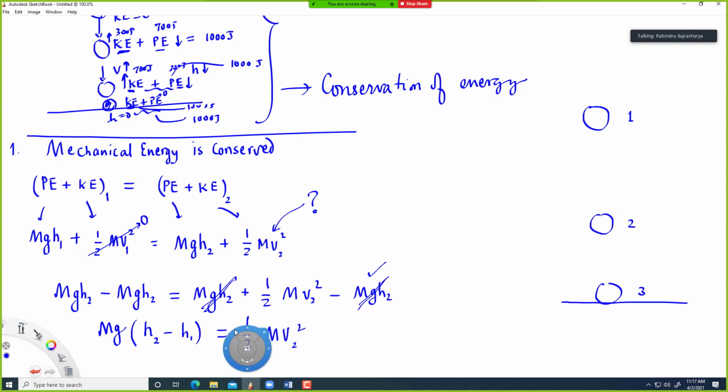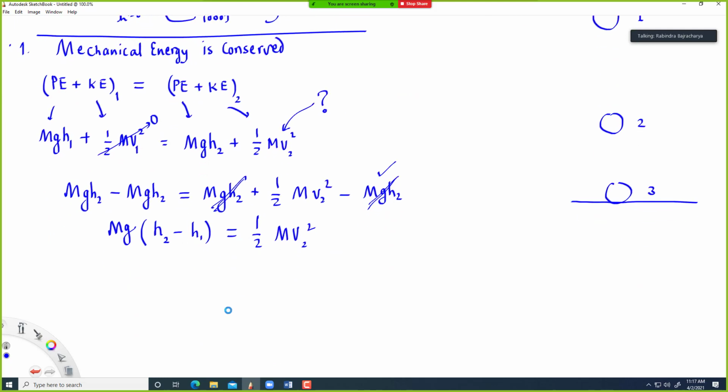Again, I want to find v2, so I need to rearrange the terms. I need to get rid of the half, so I will multiply both sides by 2, and I also need to get rid of m, so I will divide both sides by m. So we can cancel 2 and 2, m and m.